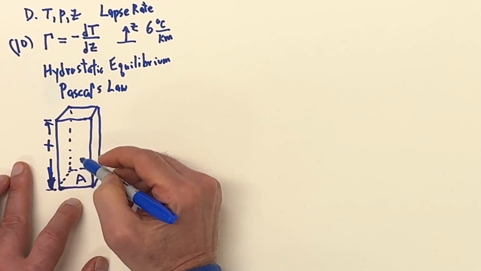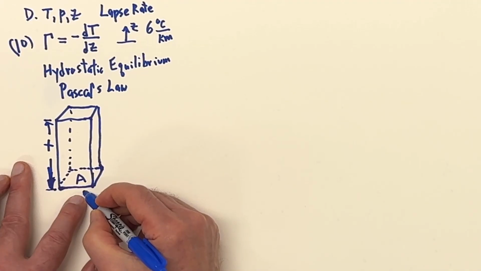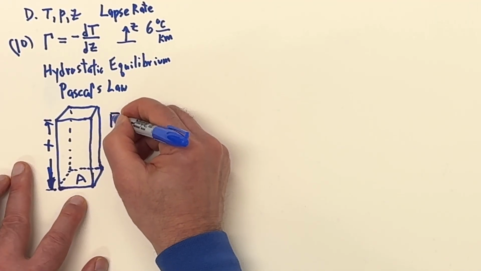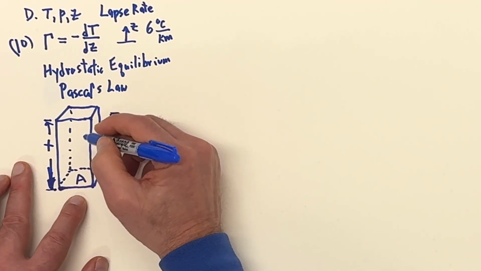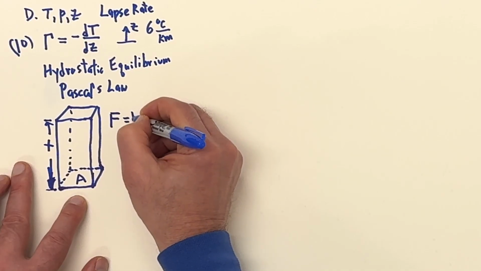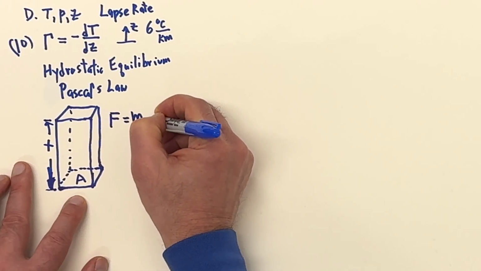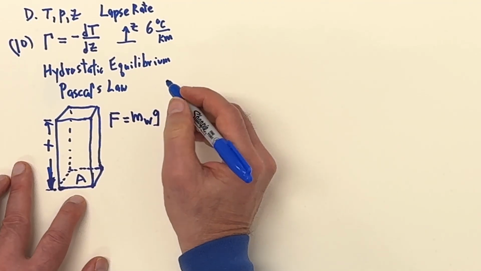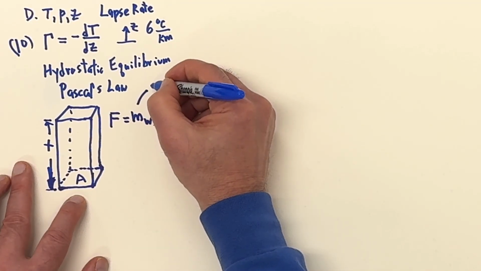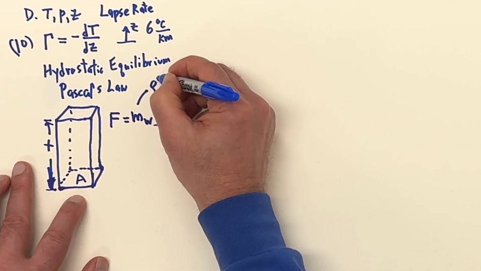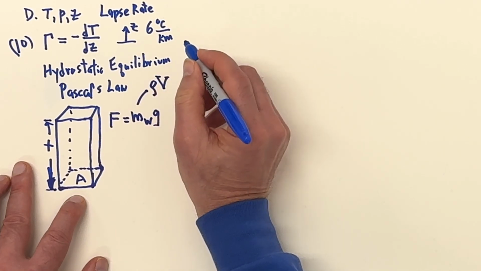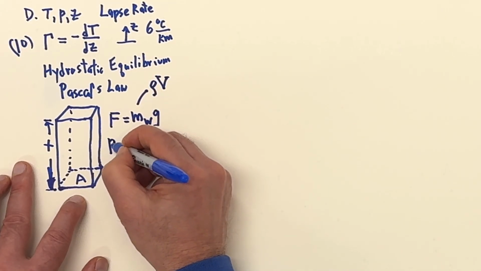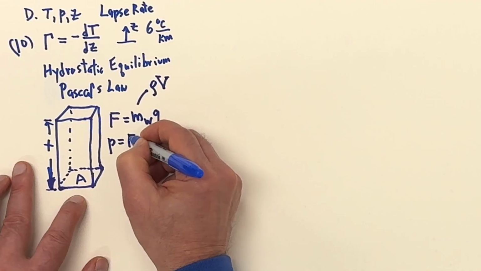This is Pascal's law. What is the pressure down at the bottom? Well, the force down at the bottom is going to be the weight. So the weight is the mass of the water times g. And the mass of the water is going to be the density times the volume. And the pressure at the bottom is the force per unit area.